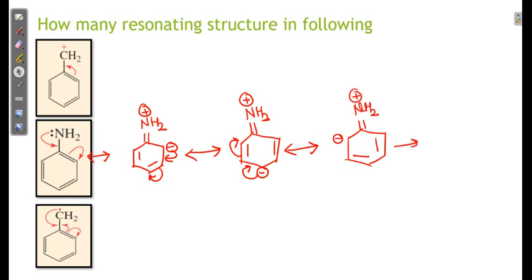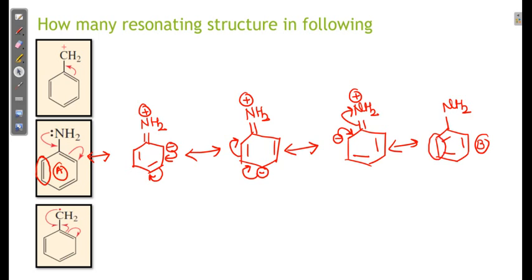Let us go ahead. Then the structure would be like this. So dear student, this A and this B are different because a pi bond is here in this structure and this pi bond is not here. So these are the two resonating structures.